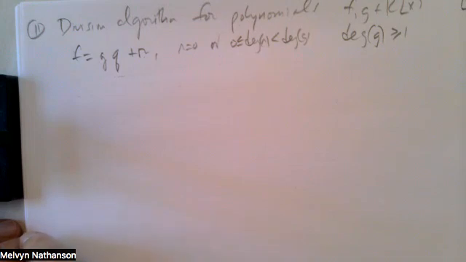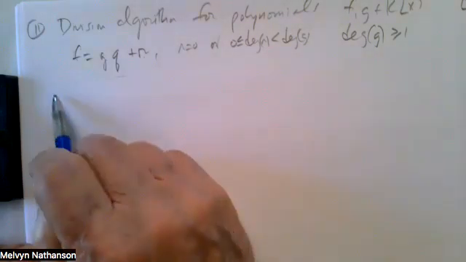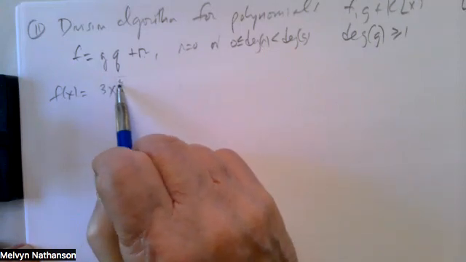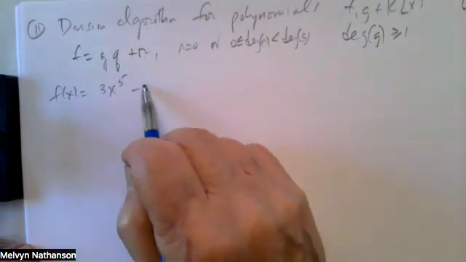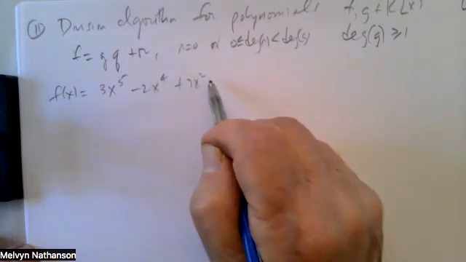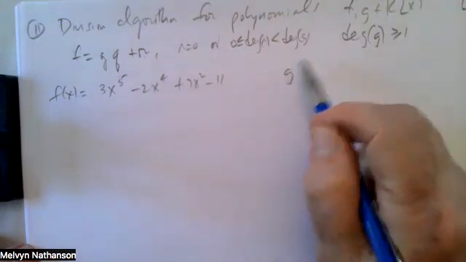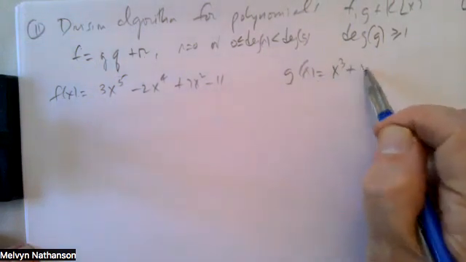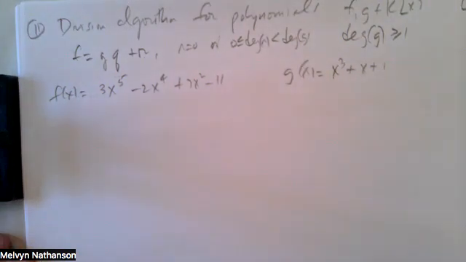And we want to use the division algorithm, that is long division, when f of x is the polynomial 3x to the 5th minus 2x to the 4th plus 7x squared minus 11, and g of x is x cubed plus x plus 1.